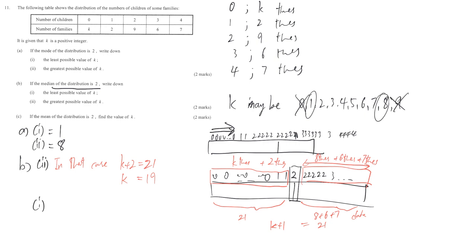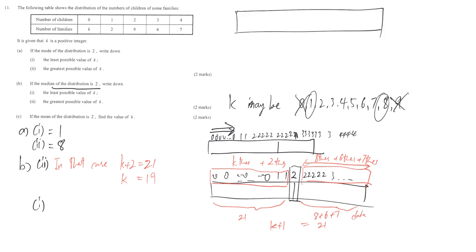We go back to B1. Similar reason. To make 2 the median, we may think about k here squeezed to the minimum value. So 2 here and some other 2 here.